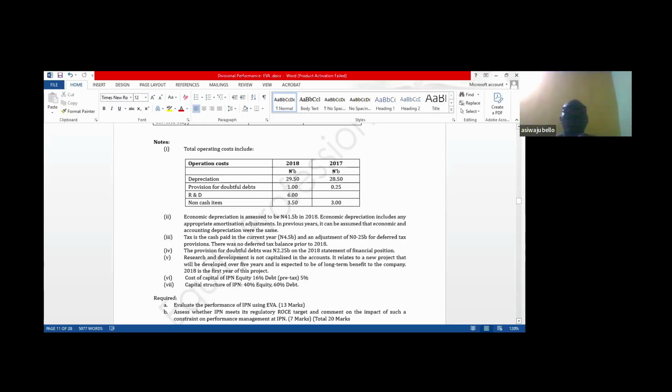Note number 2, economic depreciation is assessed to be 41.5 billion in 2018. Economic depreciation includes any appropriate amortization adjustment.